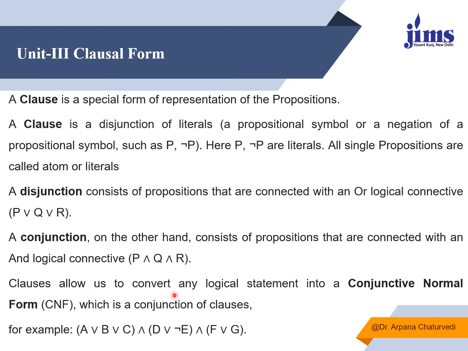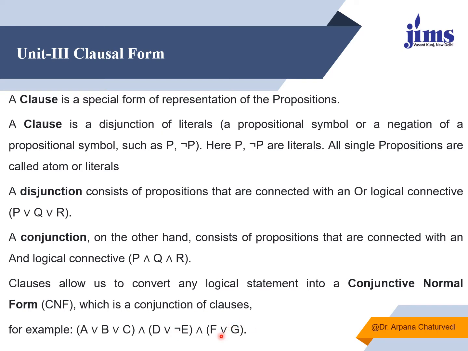Clauses allow us to convert any logical statement given to solve a problem into conjunctive normal form, which is a conjunction of clauses. Look over here: we have propositions A, B, C, D, E, F and G. The connective between A, B and C is OR. The connective between D and not E is OR.